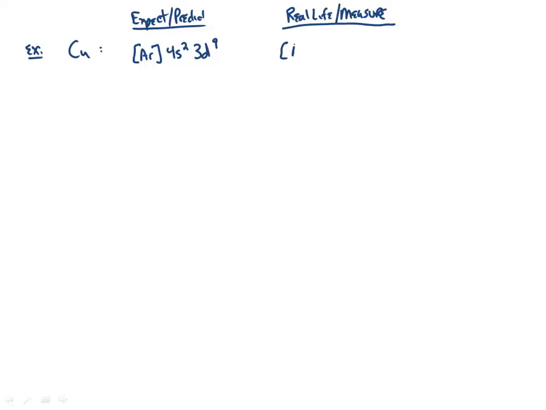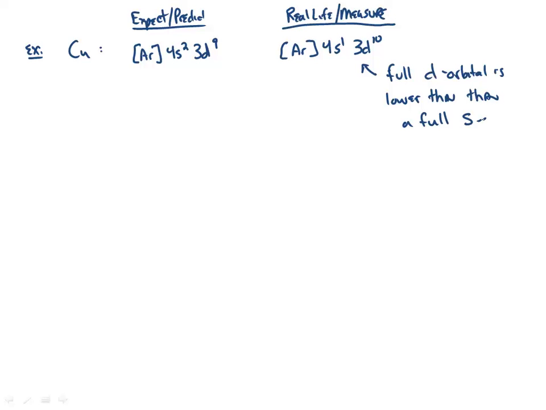In real life, we see it look like argon 4s1 3d10, with the idea that a full d orbital is lower in energy than a full s orbital. So again, the orbitals shift places depending upon if they're half full or totally full.